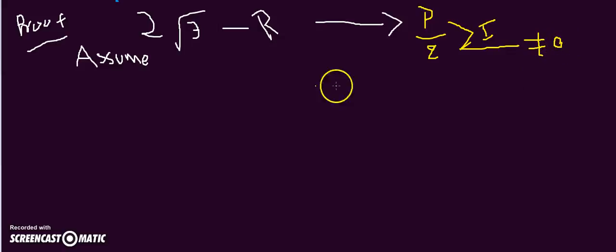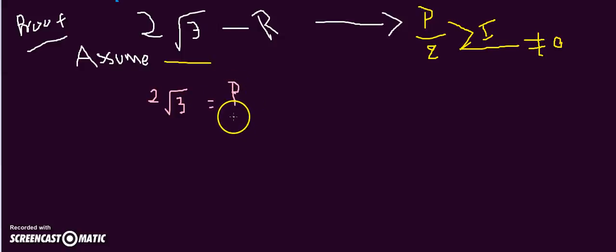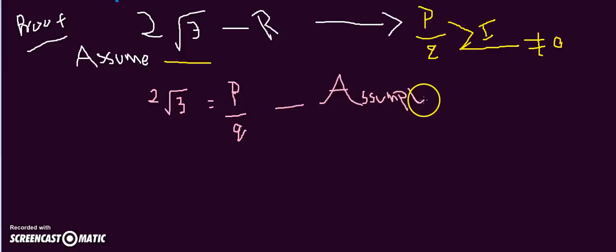Now I have taken 2 root 3 as a rational number, so I can write 2 root 3 is equal to p by q, from our assumption.